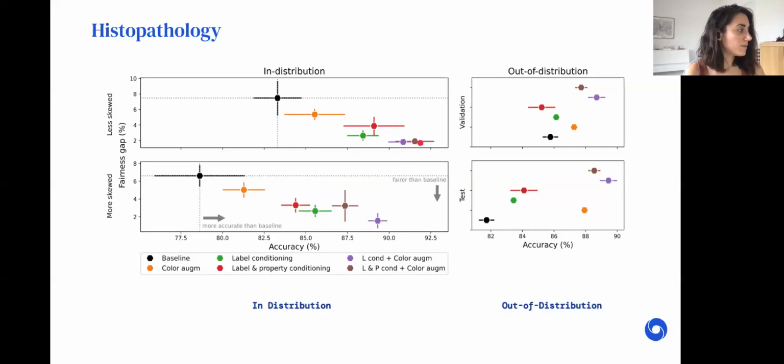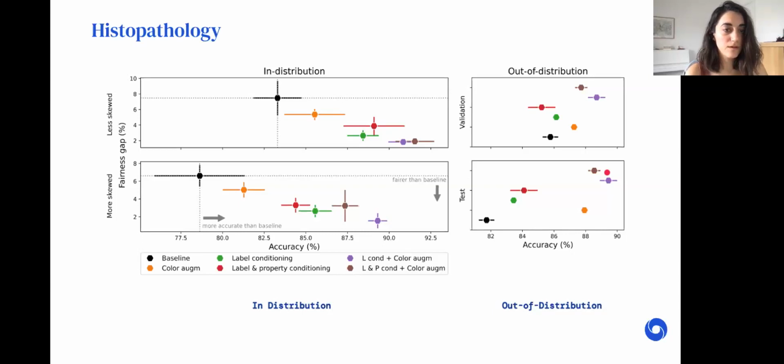But what really makes these models perform the best is combining them with the color augmentations, and then we also see that benefit in the out of distribution accuracy of the model.